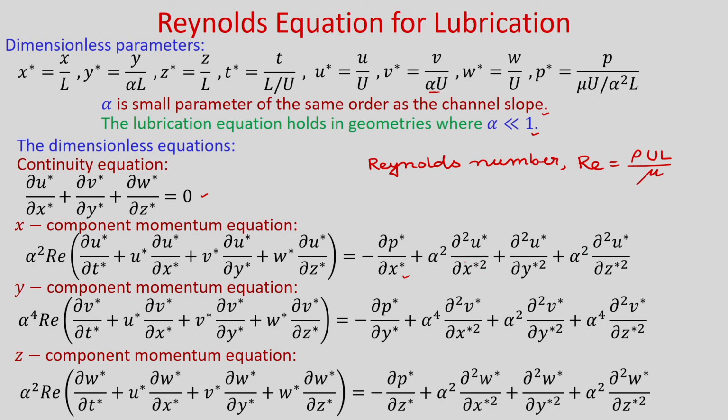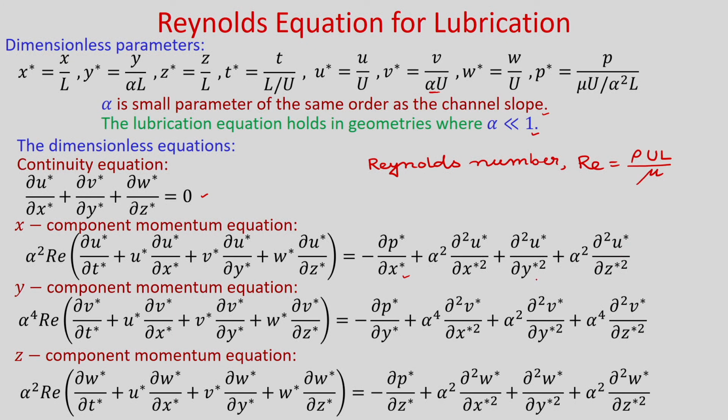and in the viscous terms you have alpha square del 2 u star by del x star square plus del 2 u star by del y star square plus alpha square del 2 u star by del z star square. Here, star represents the dimensionless parameters.